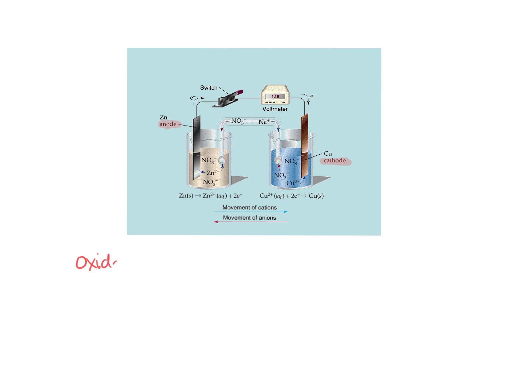Oxidation occurs at the anode. Okay, so you can see the vowels O and then the A. And meanwhile, reduction occurs at the cathode. Okay, and then you see the consonant in this case.